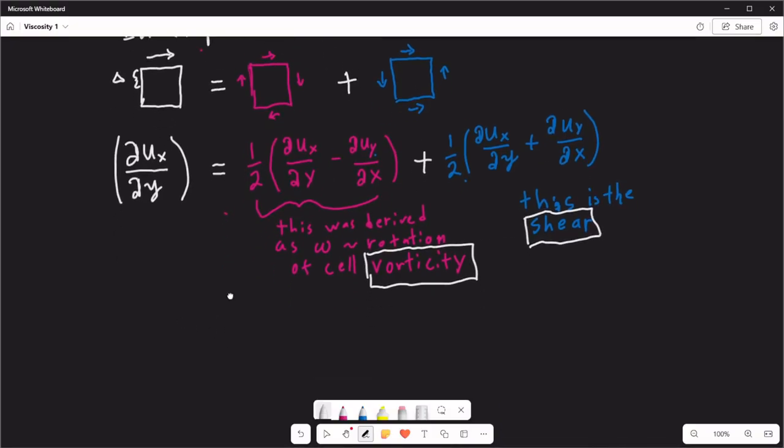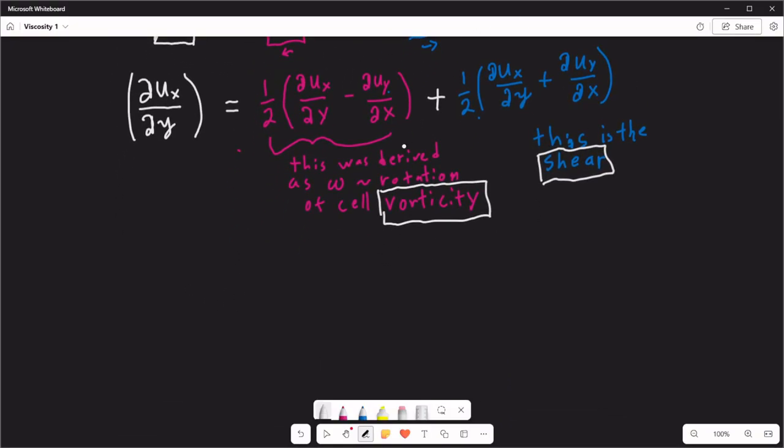Okay, so the important part to know is that only that contributes to force viscosity.